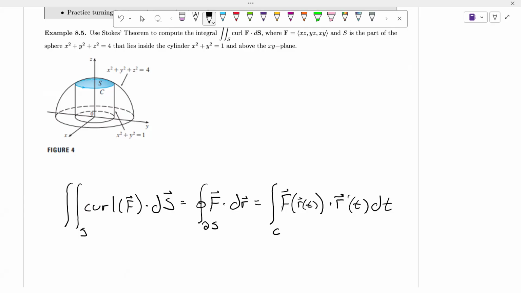Right. We want the dot product of our field, which we have, and the derivative of some sort of parameterization of that curve. So our surface, again, is that part of the sphere, but its boundary curve is going to be the intersection of the sphere with the cylinder. So that's the thing that I want to parameterize.